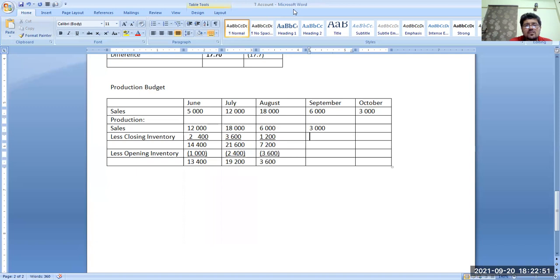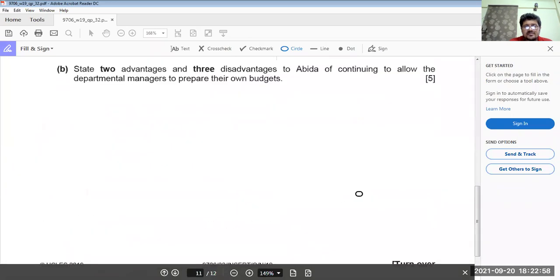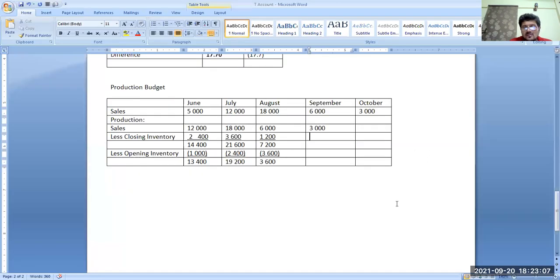So 3,000 multiplied by 20%, that is 600.